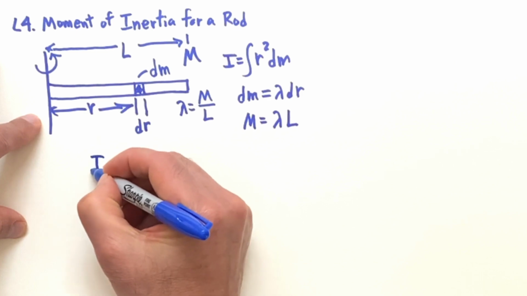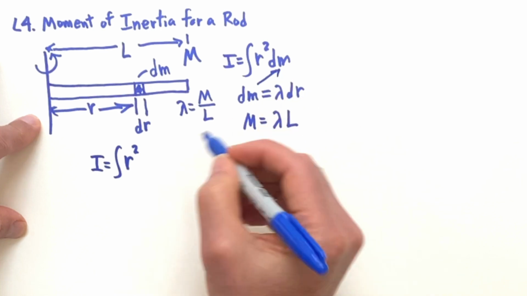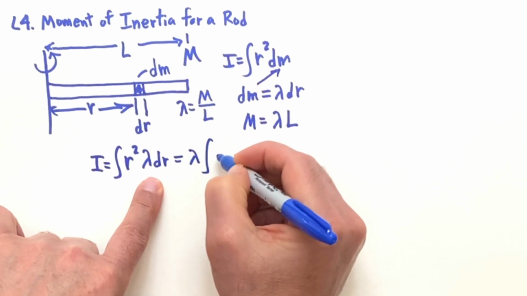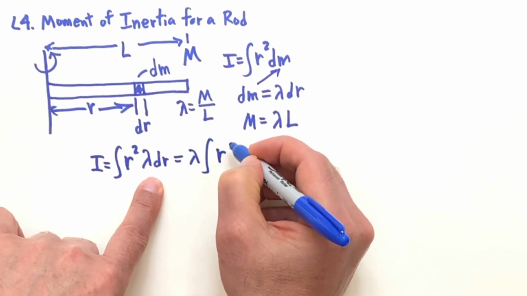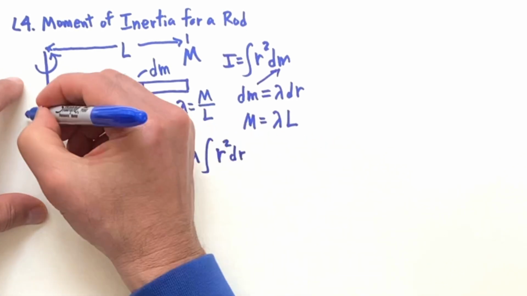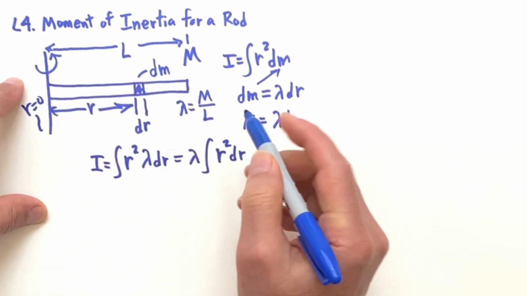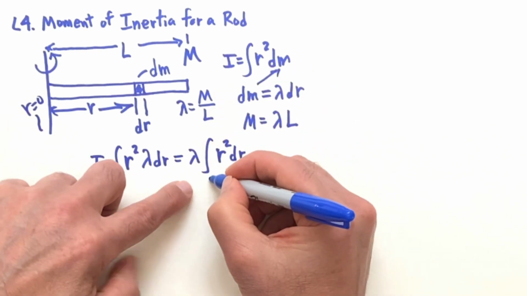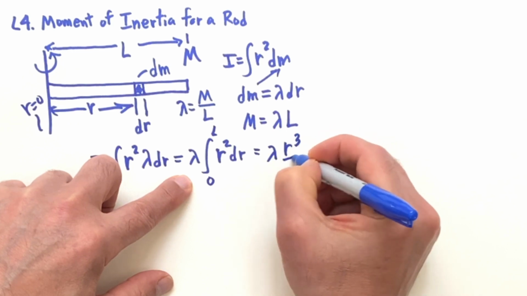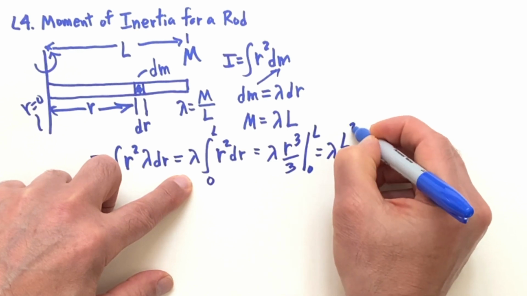So now we have the integral r squared for dm. We're going to replace that with lambda dr. The lambda is a constant, so that can come out. And then here we have r squared dr, and we need to integrate to go from r equals 0, this axis, out to r equals L. So you want to go from 0 to L. So this integral is r cubed over 3 from 0 to L, and that'll be lambda times L cubed over 3.